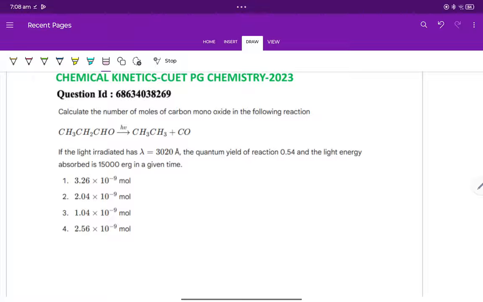You are asked to calculate the moles of carbon monoxide formed during the reaction, and you are given the wavelength of the light irradiated, which is 3020 Angstrom, and also the yield of the reaction, which is 0.54, and the total amount of light energy absorbed is given in the unit of ergs, and this ergs is also not a familiar unit.